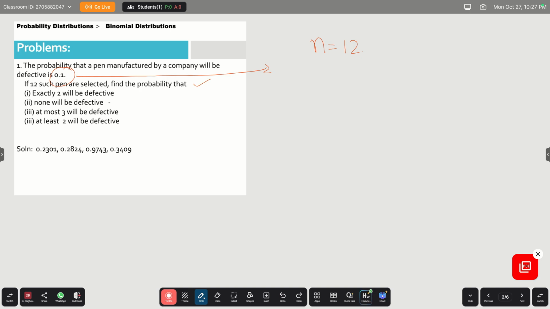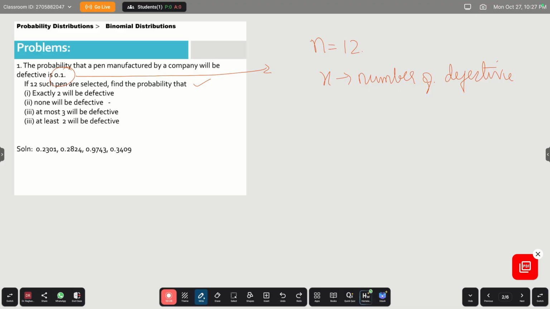And my X is the number of defective pens, because this is the random variable we are discussing. So how many are defective out of these 12 pens? I have selected 12 pens and my success is getting a defective pen.